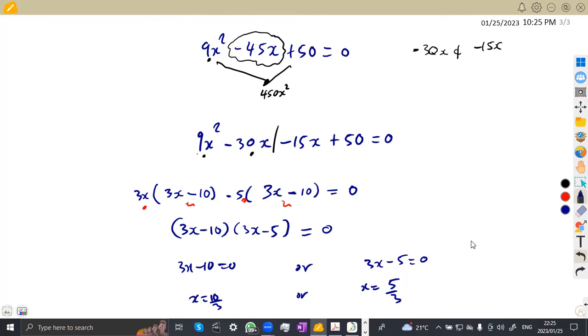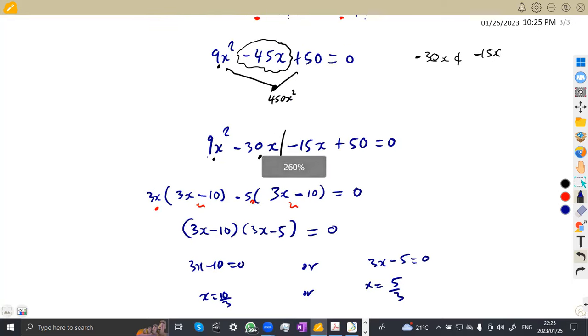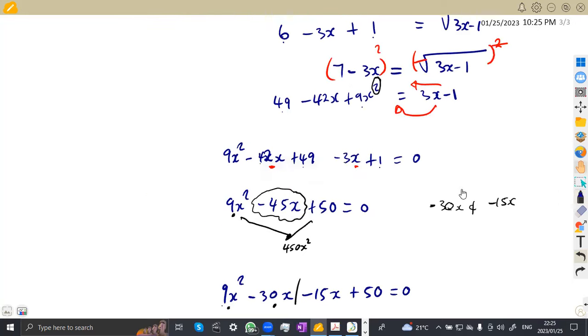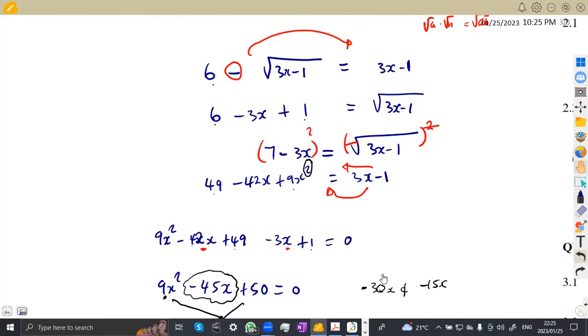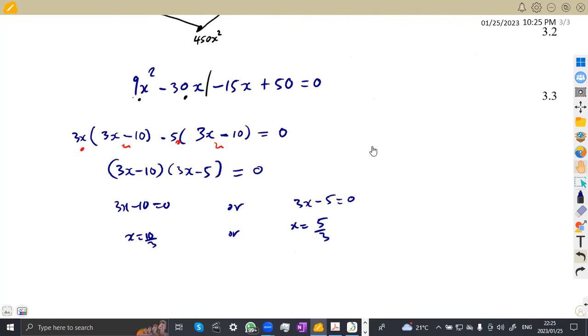Remember it was another equation that you had and it ended up this way. So you can even test these values to see if they are actually possible to have the same value that we are given on the other side of the equation. You just put the value of x and see if you're obtaining the same answer. When x is equivalent to 10 over 3, guys, this one I want you to do it, use your calculator, substitute.